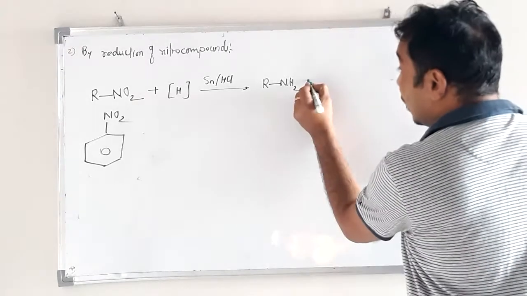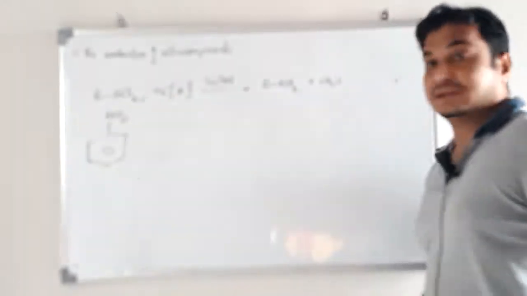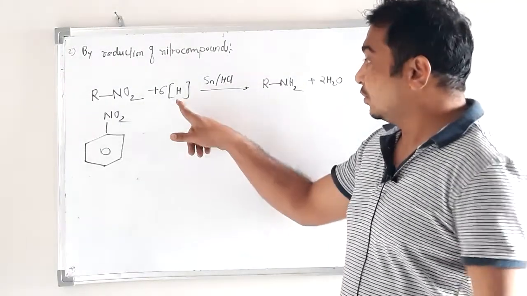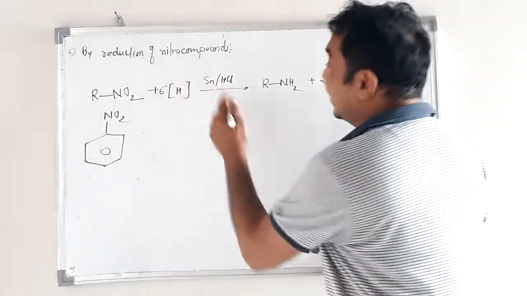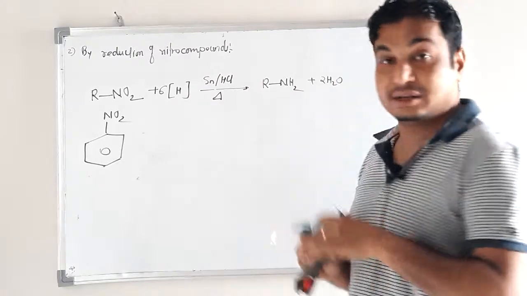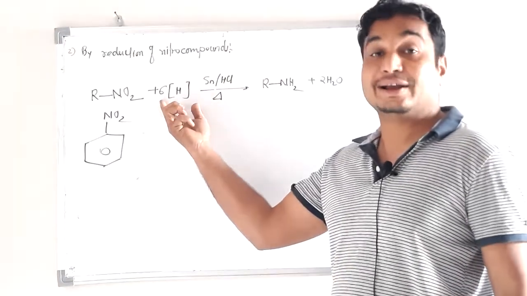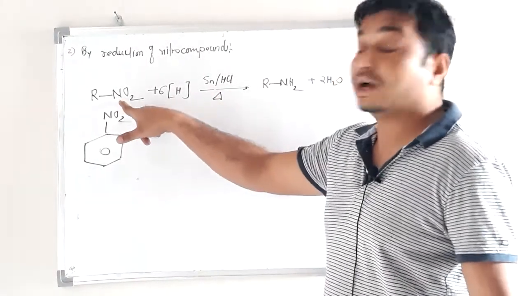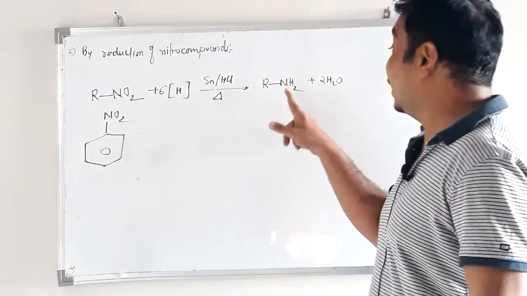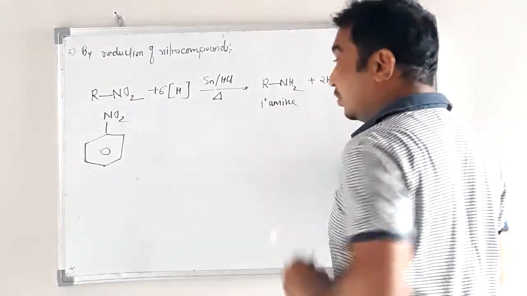So in this reaction, how many hydrogen atoms are used? 6 nascent hydrogen, free hydrogen atoms get produced by this reducing agent Sn/HCl. This Sn and HCl react together and produce these 6 free hydrogen atoms. Then these free hydrogen atoms reduce NO2, converting the NO2 group into NH2. This is primary amine. Okay.